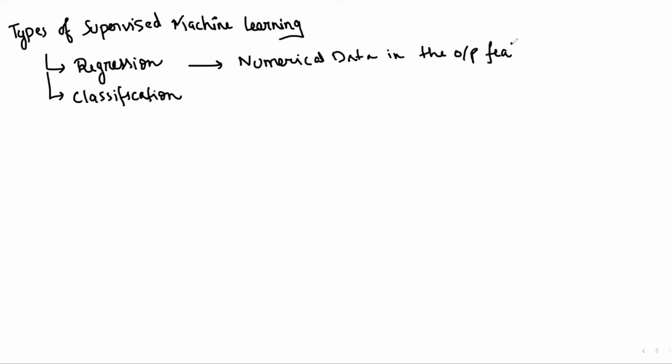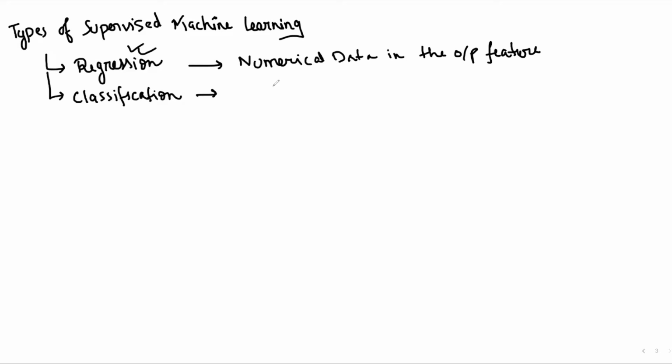Now you know what is output and what is input, so it will be easier for you to understand. Numerical data means numbers. It can be a whole number, a fraction, anything. So if any numerical data is present in the output, it's a regression problem. A classification problem, as the name suggests, means classifying, meaning there will be classes.